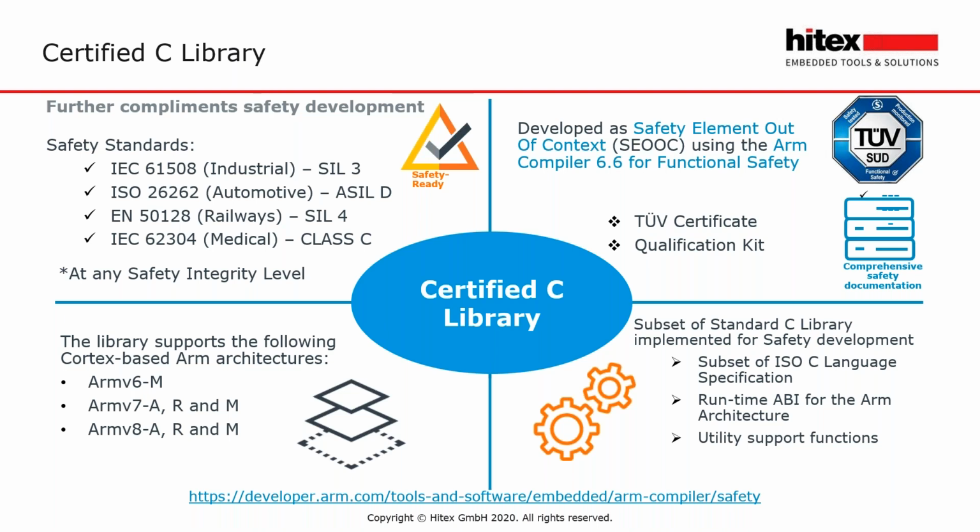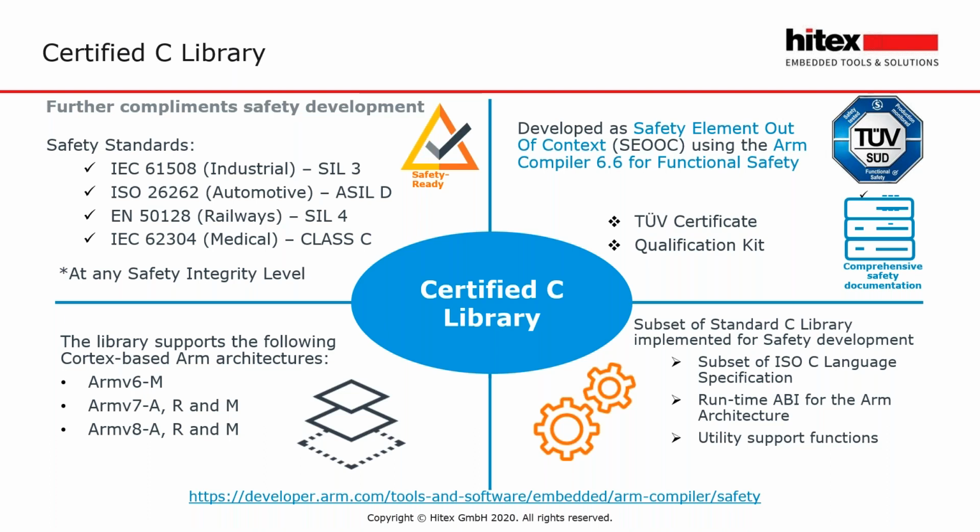Again, it comes with a TÜV certificate and a similar qualification kit that again we can download. It provides a subset of the standard ANSI-C library, so there's some restrictions, and it also produces the ARM runtime ARM binary interface. So this gives it a standard interface that can be reused with other software components.